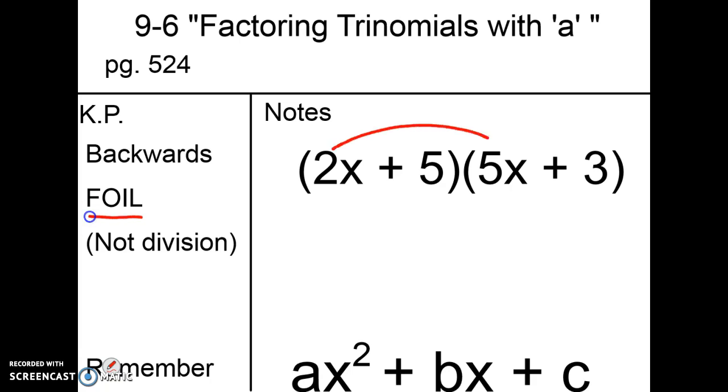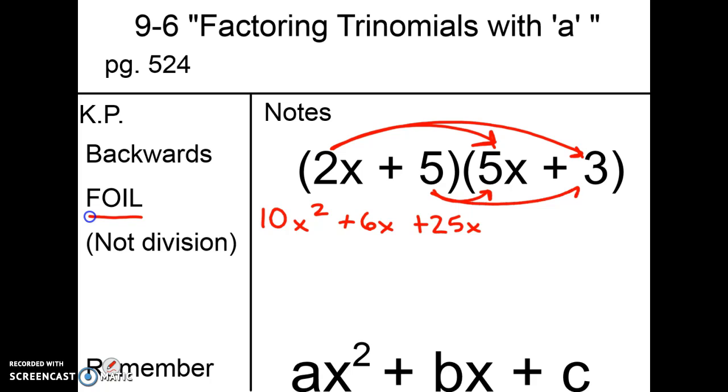So we're going to do 2x times 5x to multiply this out first, and we'd get a 10x squared. And then we'd do 2x times 3, which would give us 6x. And then we have 5 times 5x, which is a plus 25x. And then we do 5 times 3, which is 15.